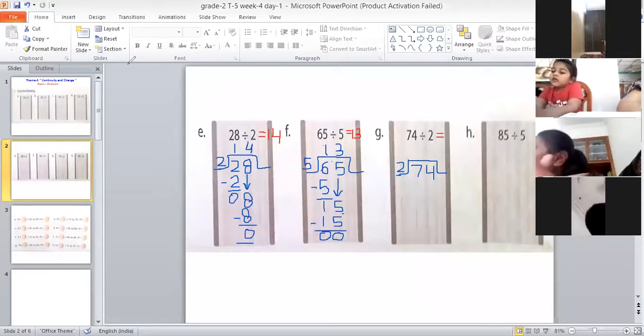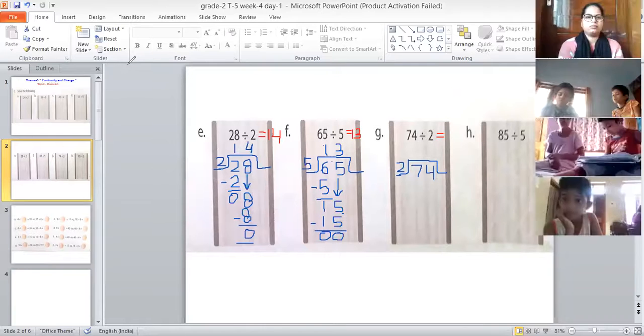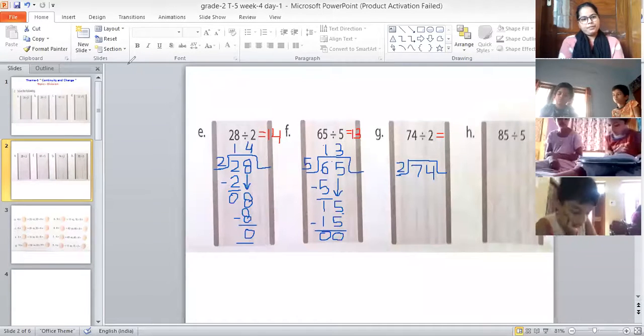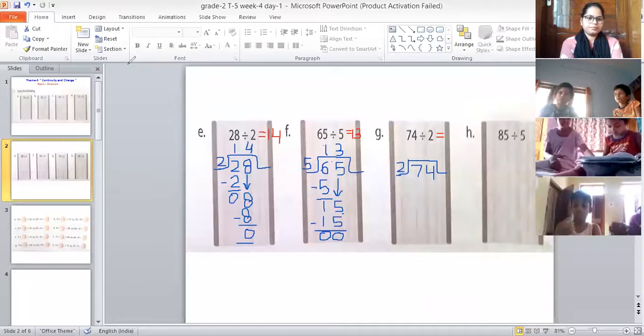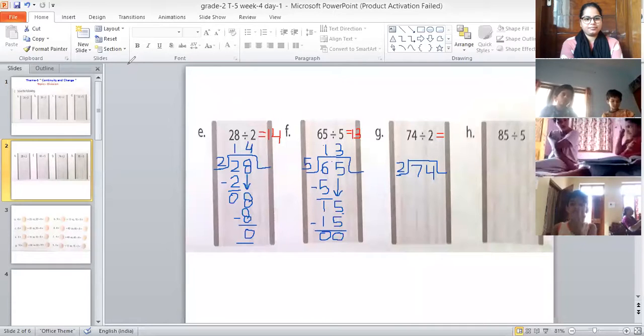Shrivas, quickly, come on. You don't remember 2 table?